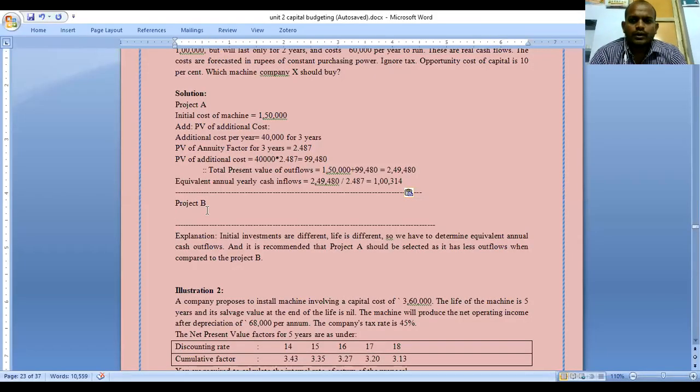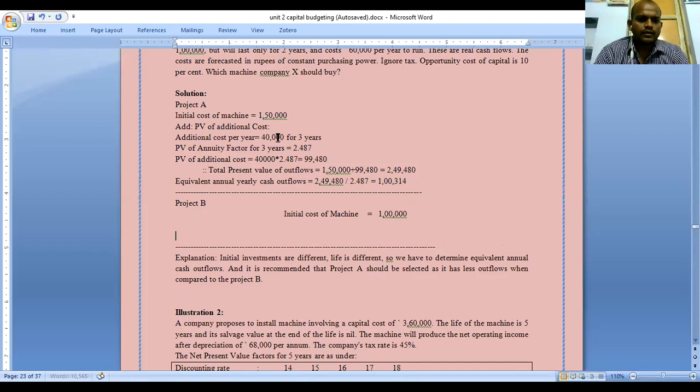So now we have to calculate equivalent annual yearly cash flows for project B. Sorry, these are not cash inflows, they are outflows. So for project B, initial cost of mission is 1 lakh. So add present value of additional cost.